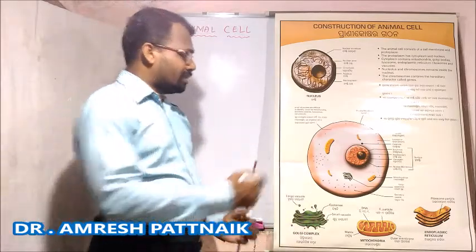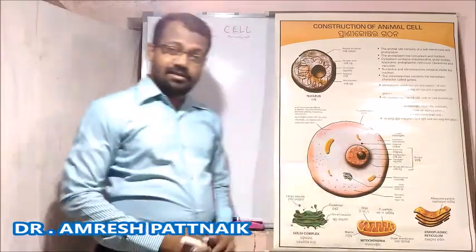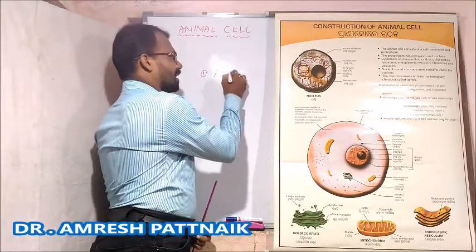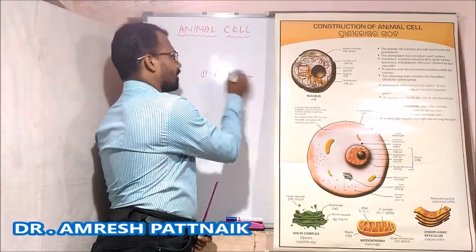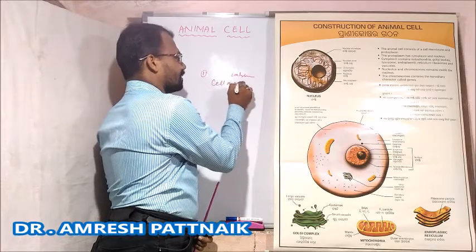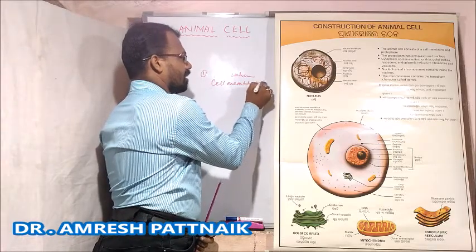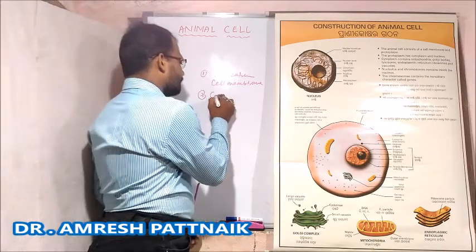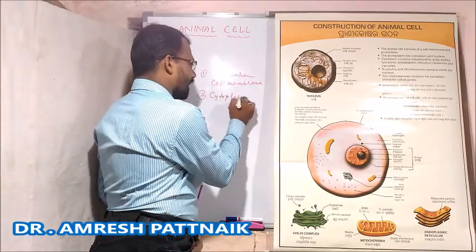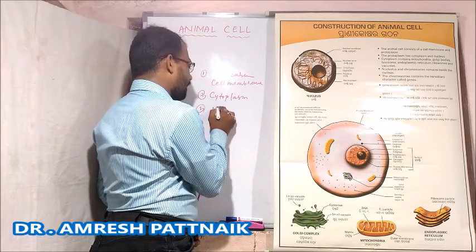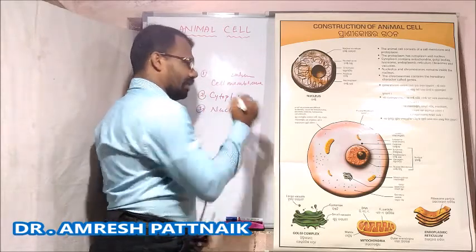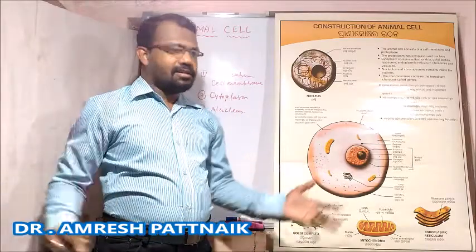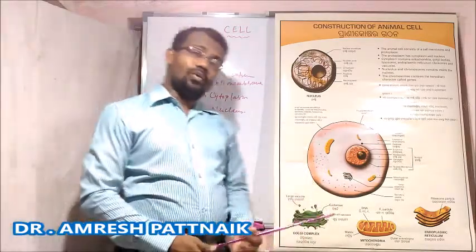Number one is the upper covering, that is plasma membrane, or we can say the cell membrane. Number two is cytoplasm. Number three is nucleus. Okay. So in total, if you divide this cell, we'll find only three things.